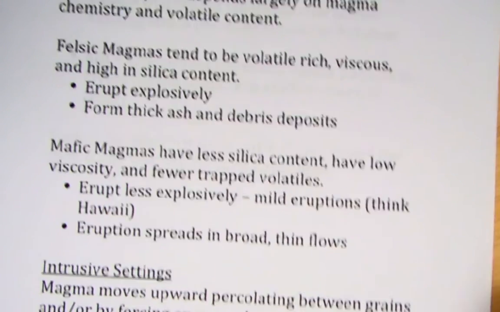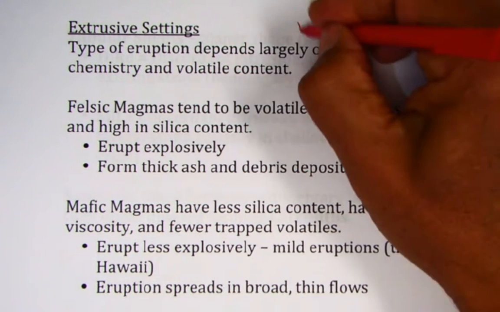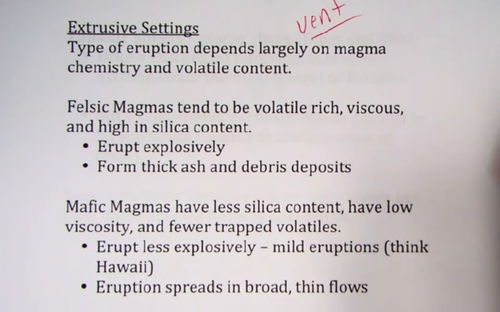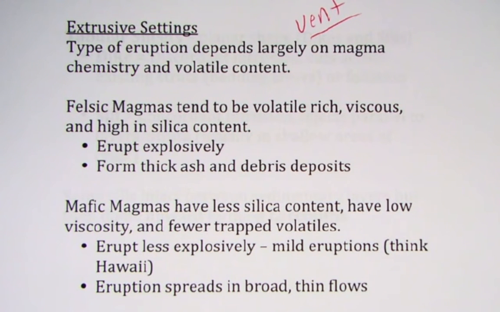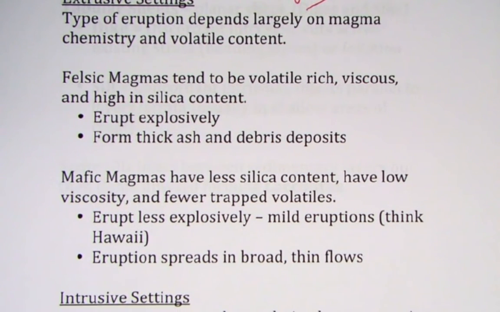All right, the next part discusses settings for extrusive rocks. These are going to erupt from a volcanic vent, where the magma comes out onto Earth's surface. The type of eruption depends on the chemistry of that magma plus its volatile content. Felsic magmas tend to be volatile rich.